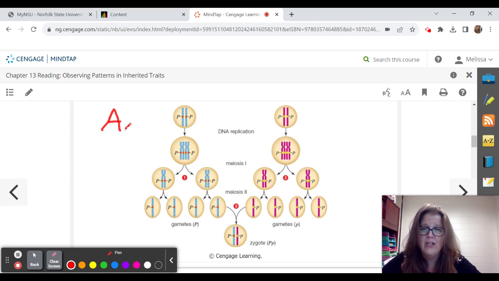I'm going to put A's over here just so that you remember that this one is the homozygous dominant and this one is the homozygous recessive. They used P, whatever. To me, it's easier, and I will never stop saying this whenever I teach genetics, to use letters that look very distinct, capital and lowercase, so you can see dominant versus recessive.